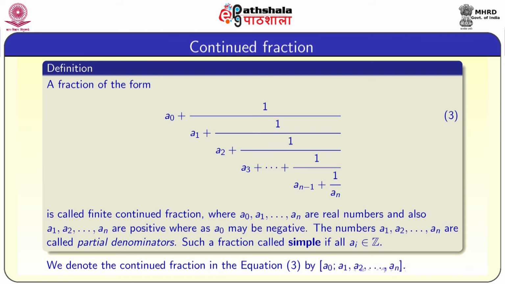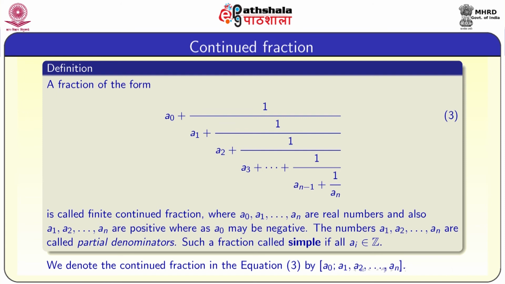Such a fraction is called simple if all the a's are integers, that is, all a belong to Z. We denote the continued fraction by [a0; a1, a2, and so on up to an]. This is a representation for the continued fraction.